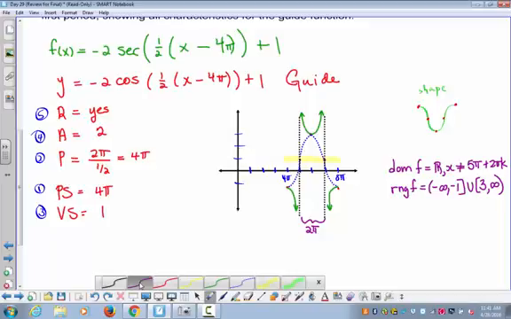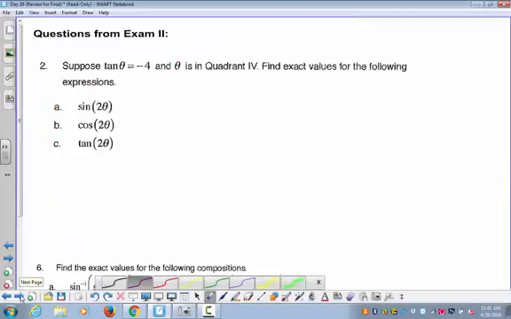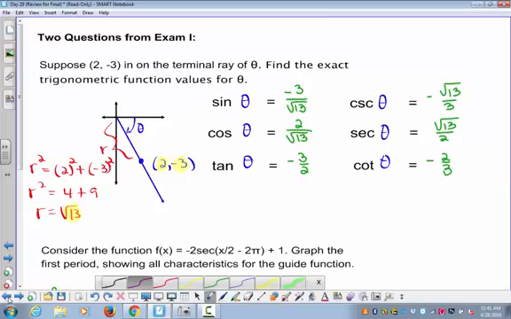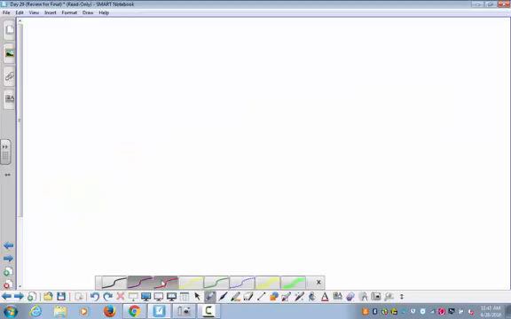Which are the only two even functions? Cosine and secant. The other four are all odd. So if your function looked like sine of minus 2x plus pi, what would we do here?